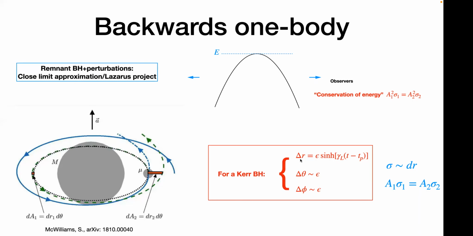From WKB approximation, we expect that the amplitude squared times the cross section, namely this delta r, should remain constant. But in the Bob model, McWilliams argues that one should use this relation, namely the amplitude times the cross section, to be a constant.